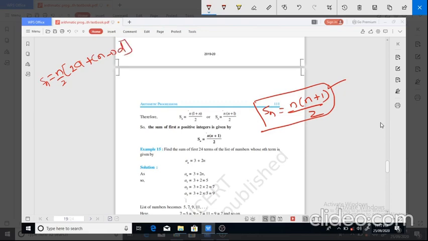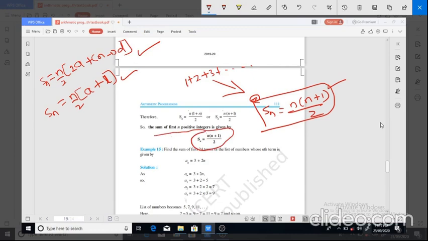For sum in AP, we can use this formula any time. When we know the last term, only then we use the second formula. The third formula is for when the given numbers are 1 plus 2 plus 3 like this, the sum of the first n natural numbers. Only then can we use this formula.